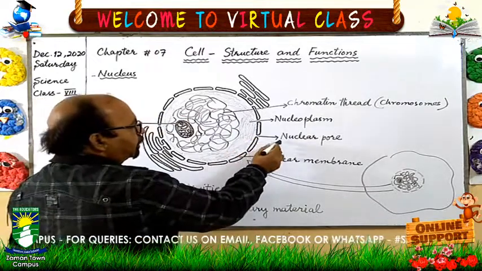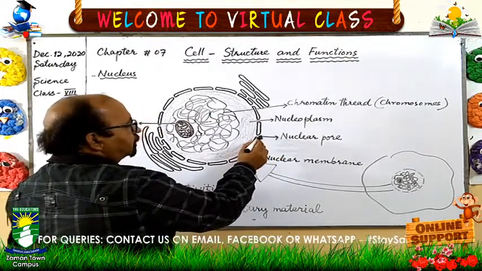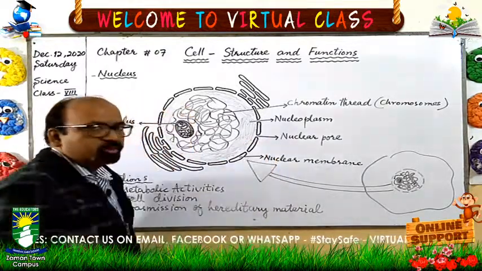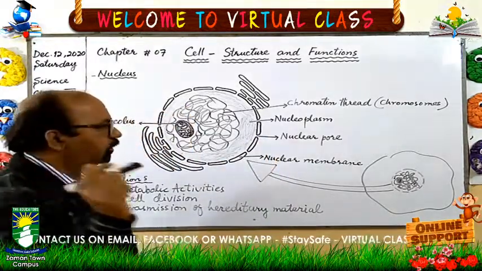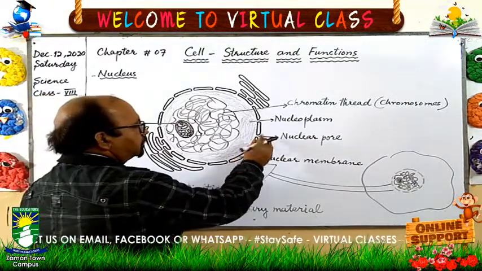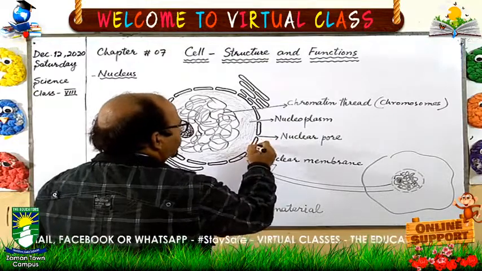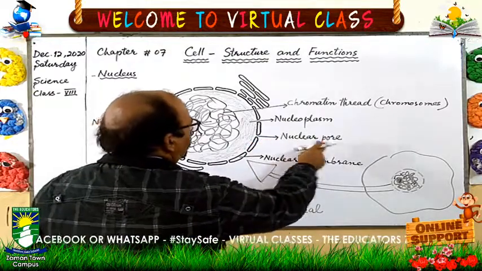In the layer which is called the nuclear membrane, there are small holes or pores, and these pores are called nuclear pores.